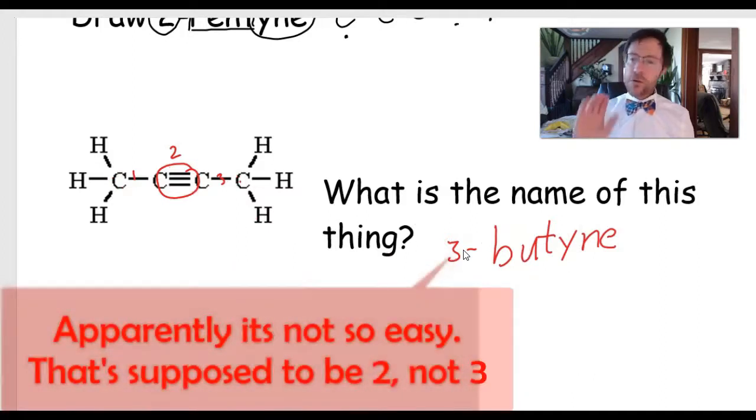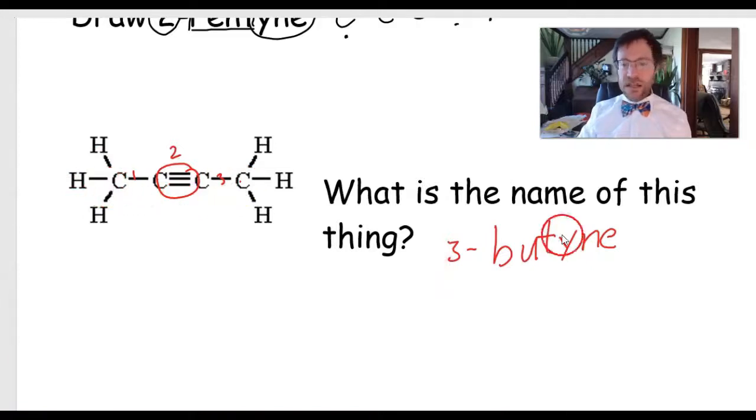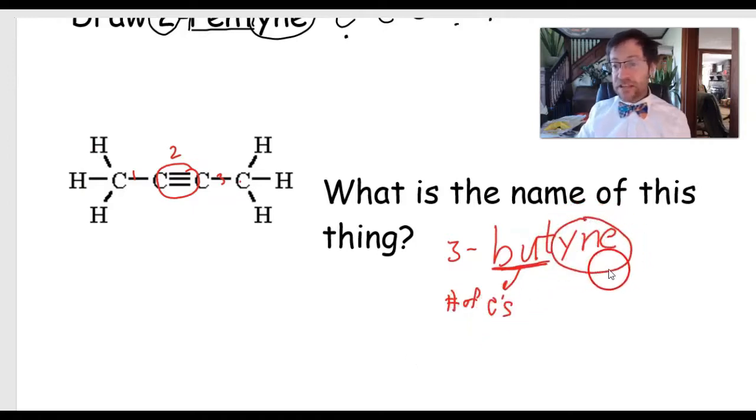Easy, right? So how did I just name that? I counted the longest sequence of carbons. That gave me my prefix, right? So I got that from the number of carbons. This, the suffix, that came from bond type.